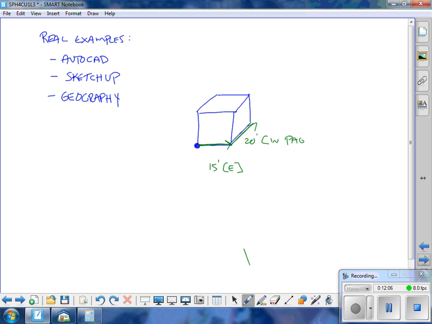And it stores every wall you put in there as a vector. So it can take vectors and find the area of a wall, and it can find the volume of the house using vectors. So it's all tied together, and that's how a lot of these base programs work, with your vectors.